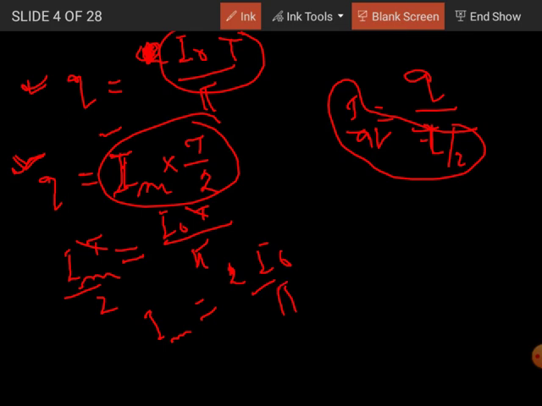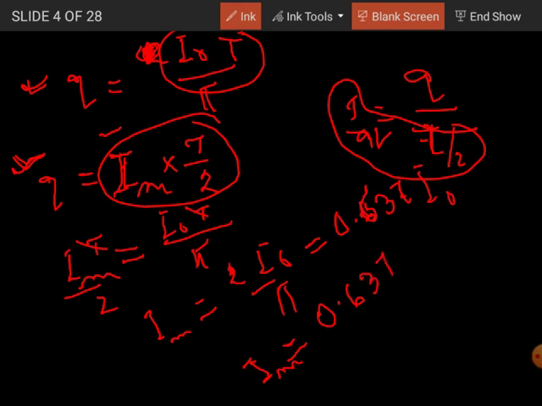When you simplify this, you get around 0.637 times I naught. So we express I mean or I average as 0.637 times I naught, or 63.7% of I naught.